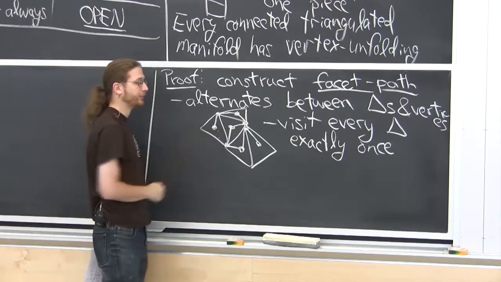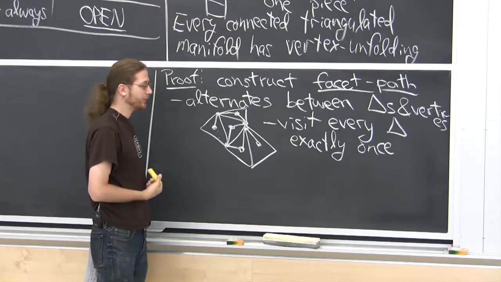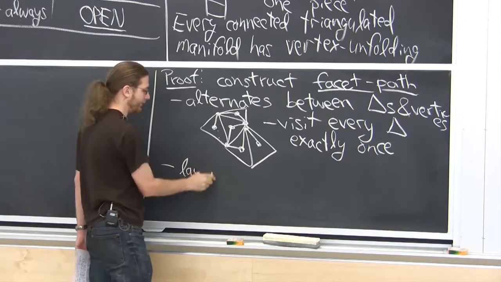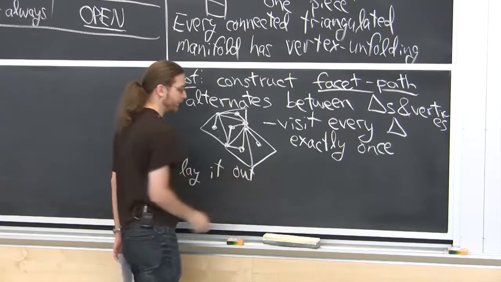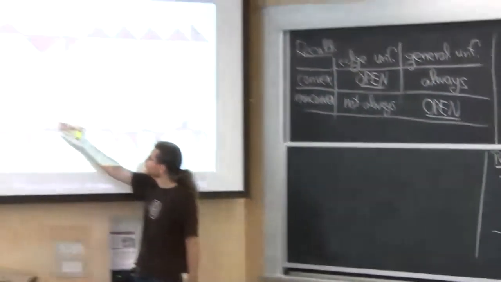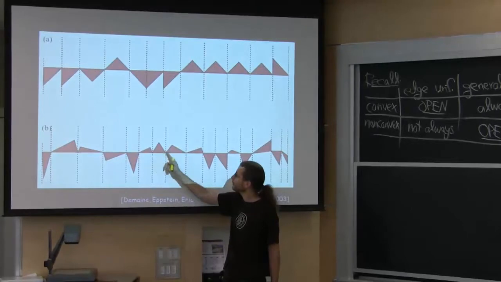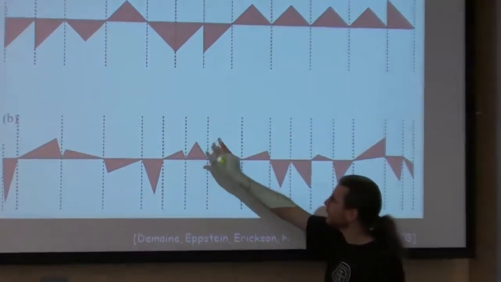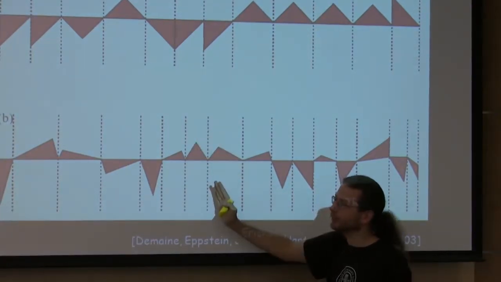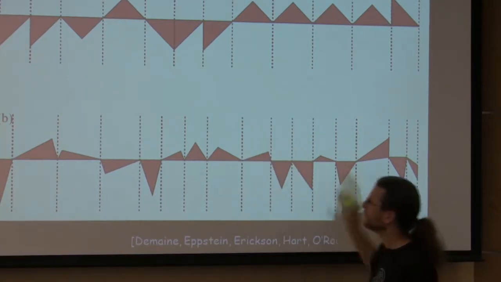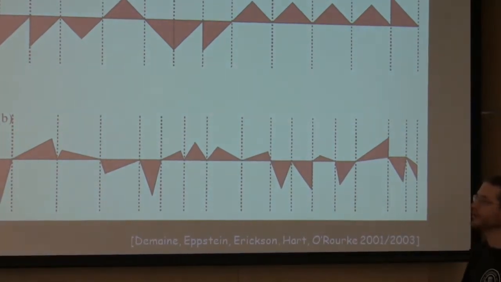Once you have this facet path, you're basically golden because you can lay it out without overlap. And that's the next picture. If you have a triangle and you have some corners of it that are hinged to adjacent triangles, you can rotate that triangle until it fits in a vertical slab. And the hinges are on the ends of the slab. So each triangle lives in its own slab. Slabs don't intersect, so there's no intersection.